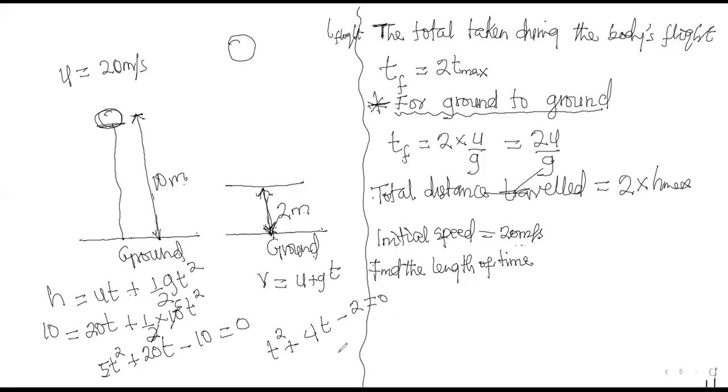Is that what you got? Okay. So how do you factorize this? We can use this factorization method unless we use the almighty formula: T is equal to minus B plus or minus root of B squared minus 4AC, all divided by 2A.